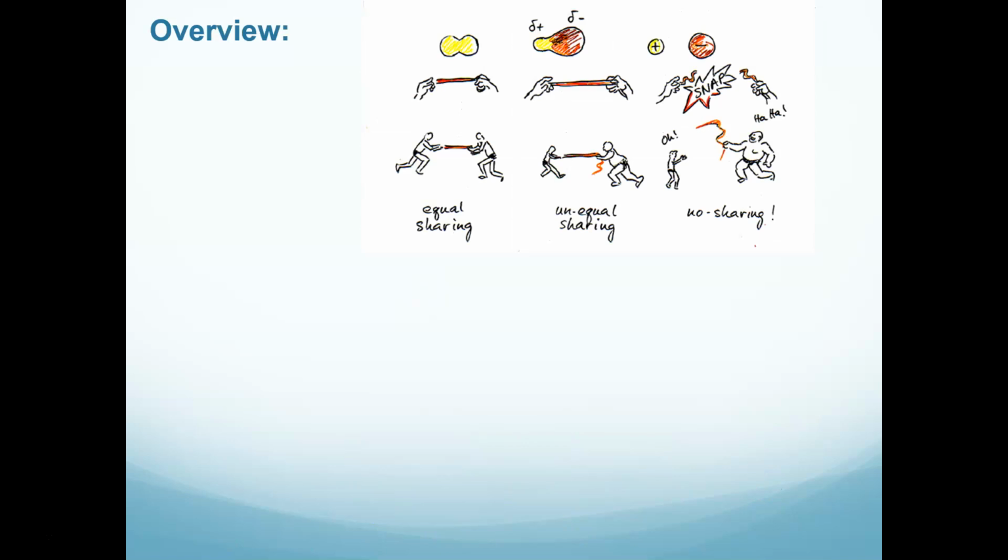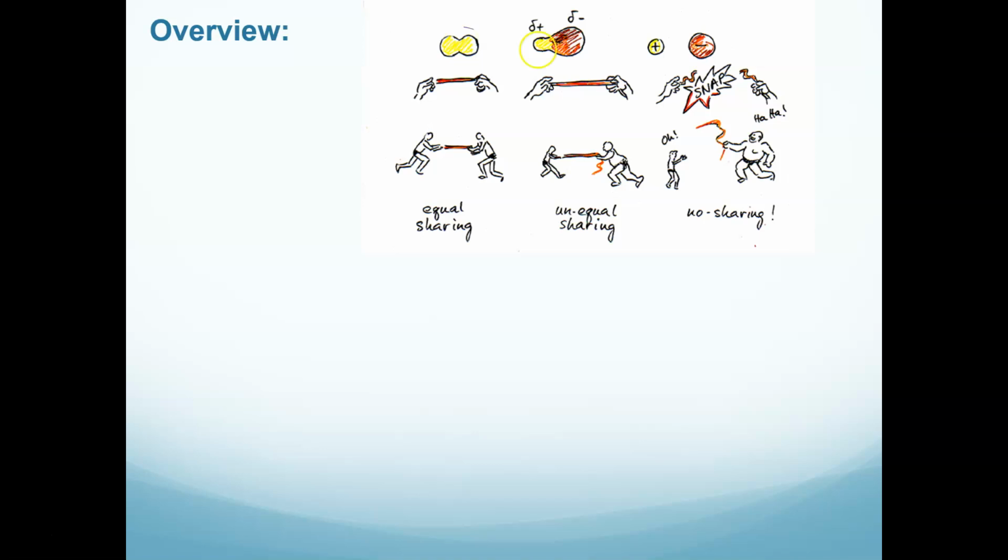Just to give you an overview, all of this that we're going to learn is going to be the interaction of positive and negative, or partially positive and partially negative. A reminder about bonding in general: if we have two atoms being held together in a nonpolar covalent bond, we have equal sharing.